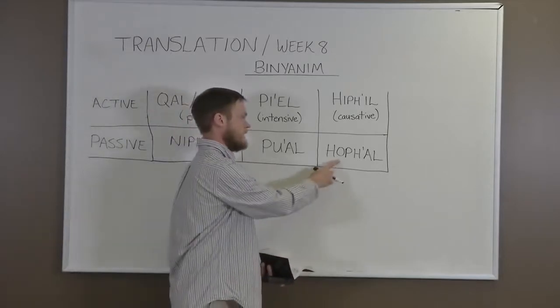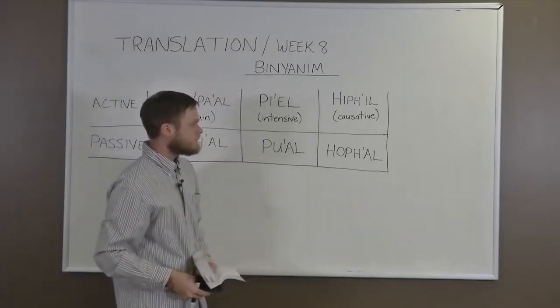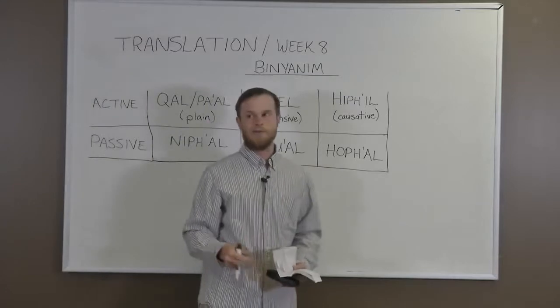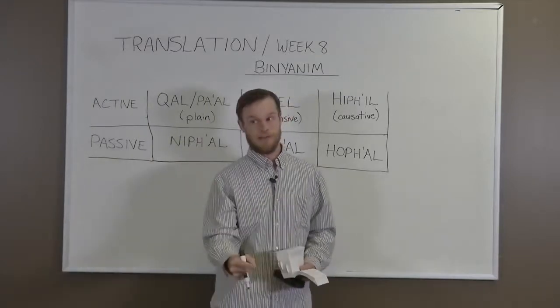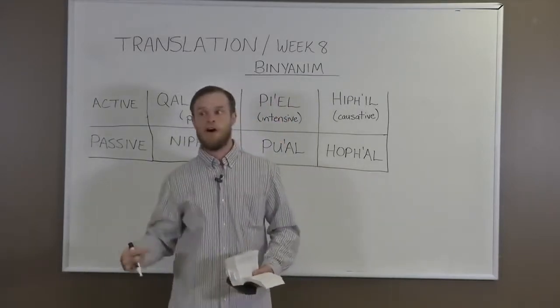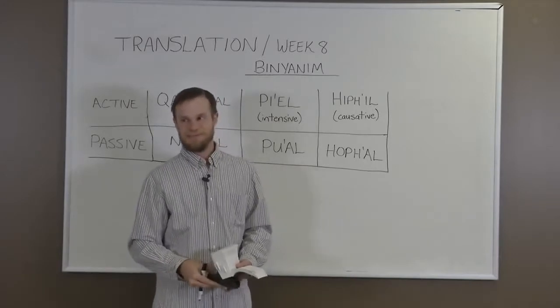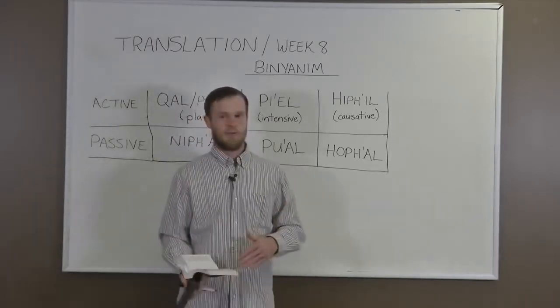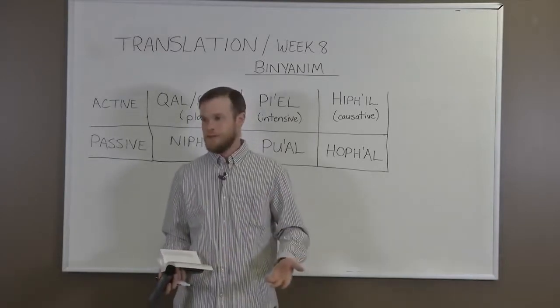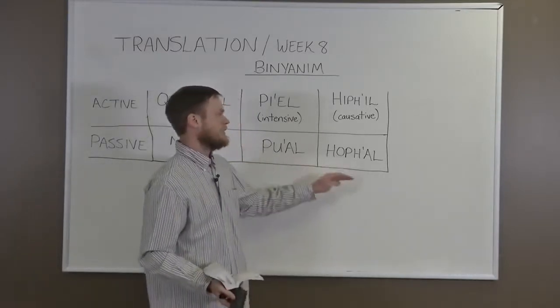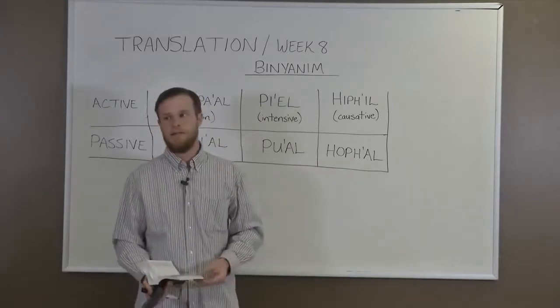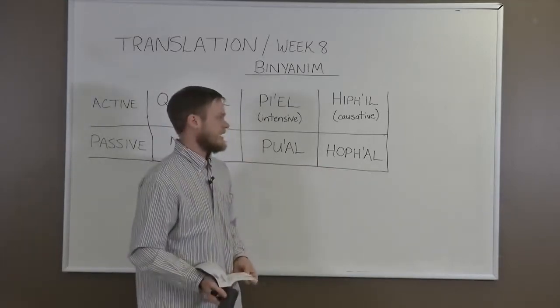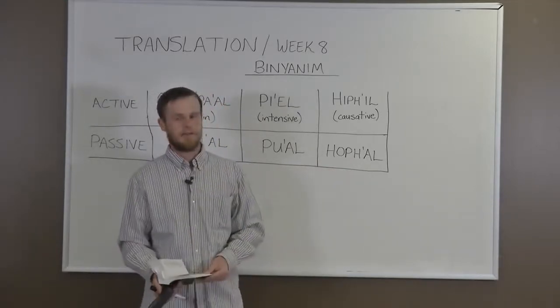So a verb that's conjugated in binyan hofal, rather than being the one that's doing the causing, it's the one being caused to do something. Now, in some sense, to be caused to do something is not very different than just doing it. So the hofal is probably the least used binyan because it has very specialized uses.